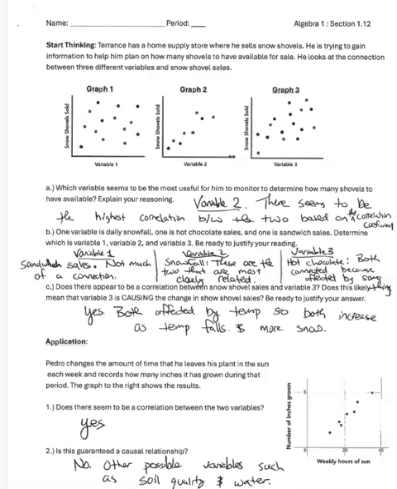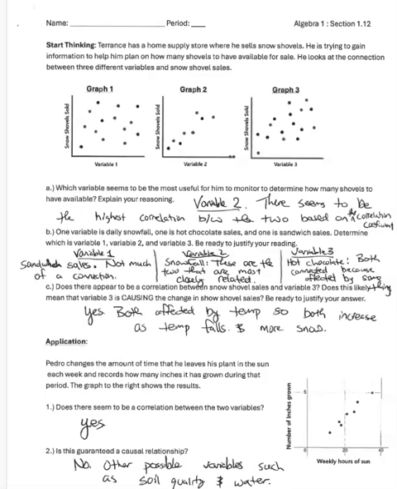I don't think that snow shovel sales are causing there to be more hot chocolate sales, nor hot chocolate sales causing more snow shovel sales. So what we have here is two things that are connected, but they're actually connected by something else, and that's the weather. The colder it gets and the more snow, usually people need to buy snow shovels, and people are usually wanting something nice and warm to drink, which could be hot chocolate.